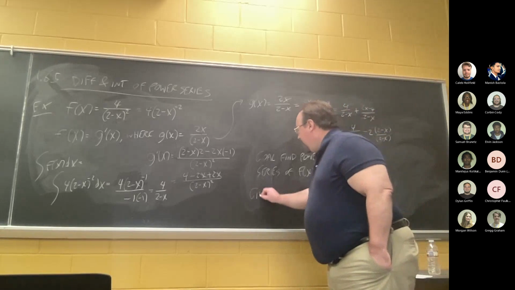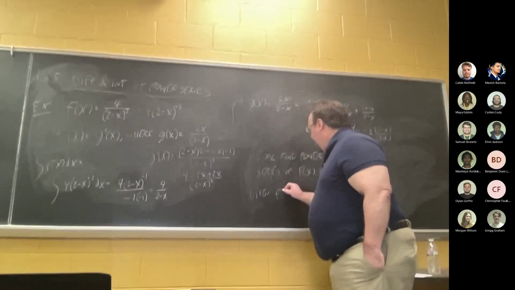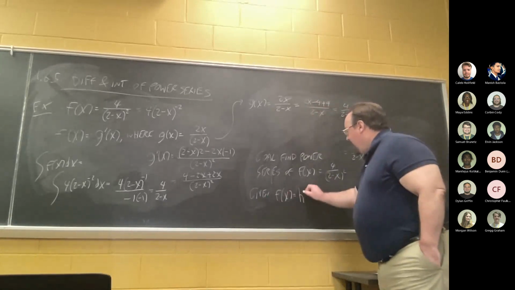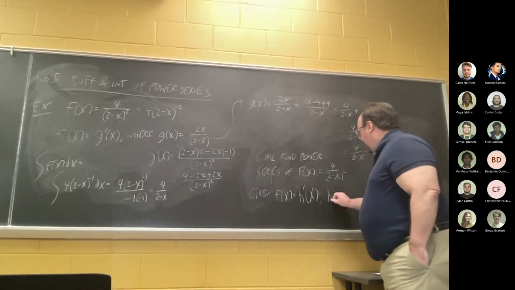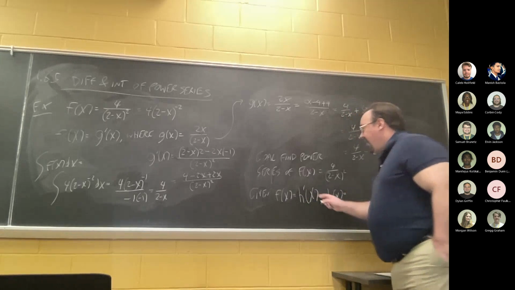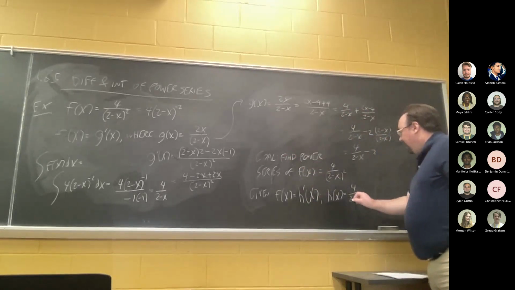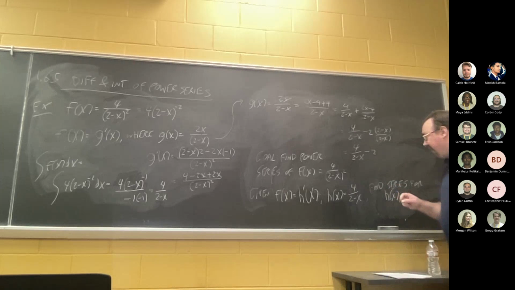Now, given that this function is a derivative of this function, where h of x is the antiderivative of the one over there, what you can do is find a series for h of x first.